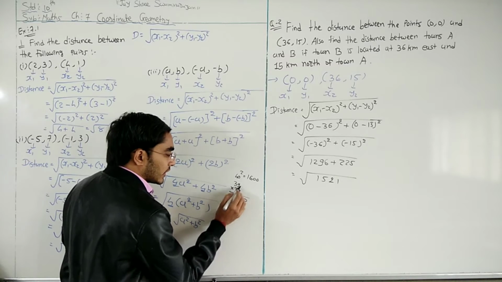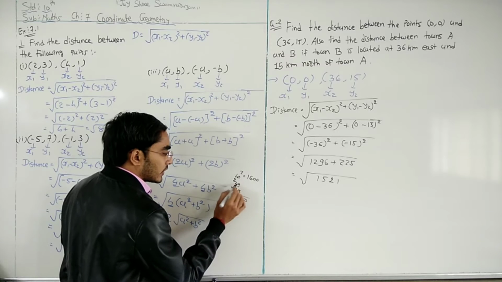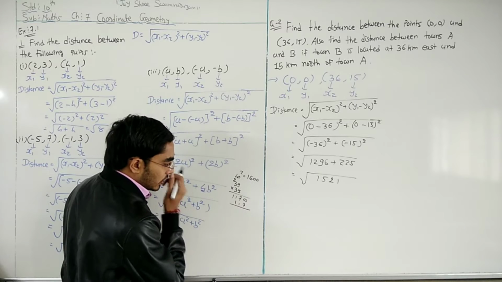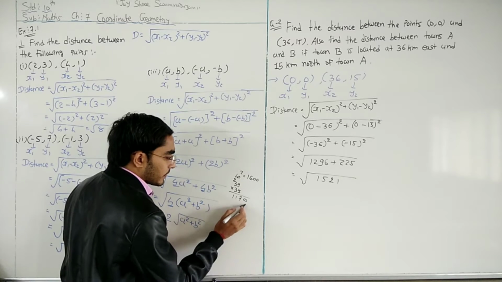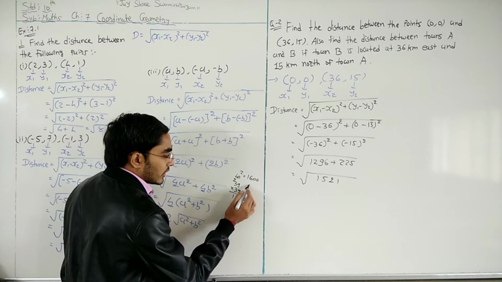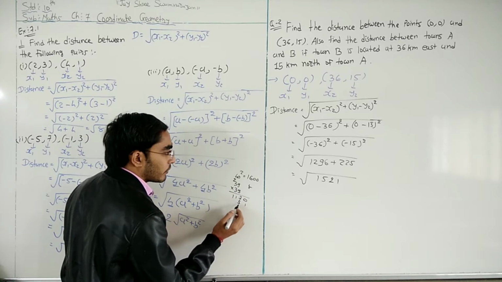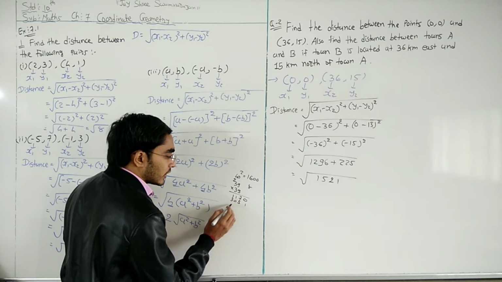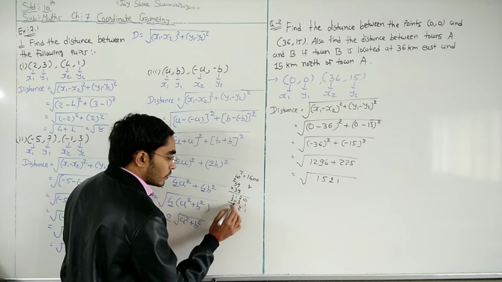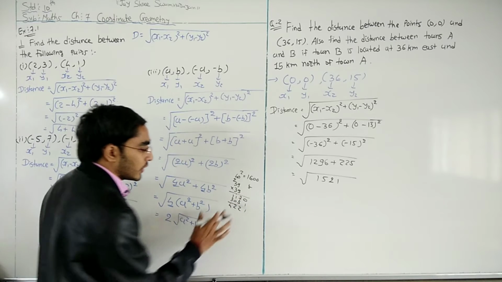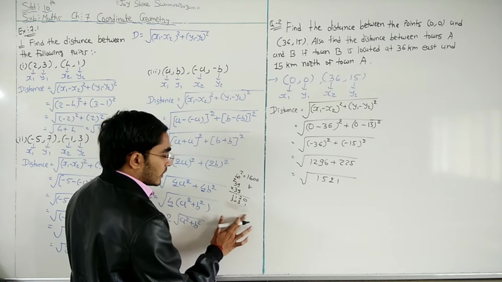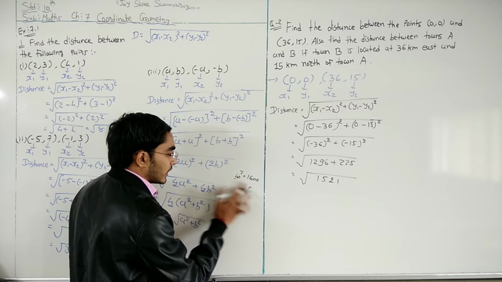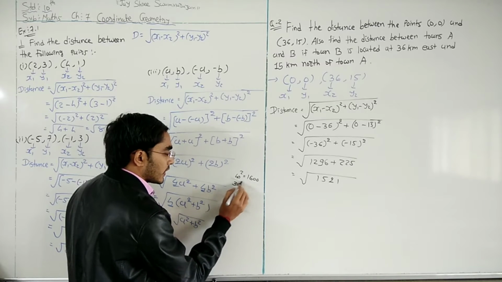So 39 multiplied by 39. 9 9s are 81, 9 3s are 27 plus 8 is 35, remainder 3, 9 3s are 27 plus 3 is 30. Sorry, a mistake is there.